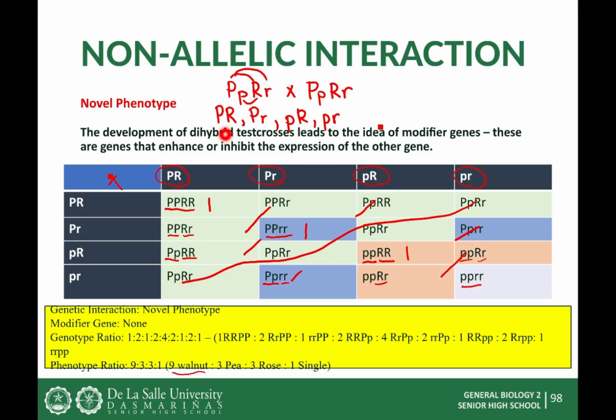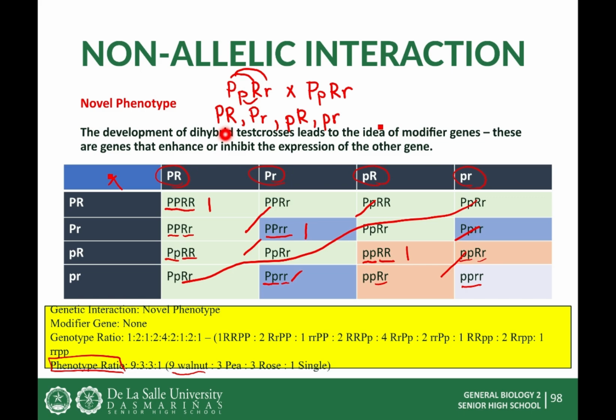Now, how about the colors that is present here? We have the green, the blue, the orange, and the gray. So it denotes the phenotypic ratio. So meaning, in the non-allelic interaction, again, we are focusing on the phenotype or the trait. So, paano lumabas yung walnut? Okay, the phenotype walnut.